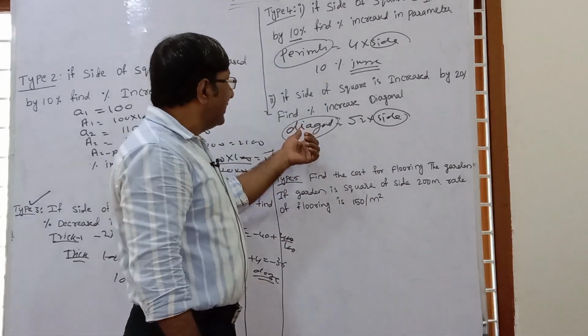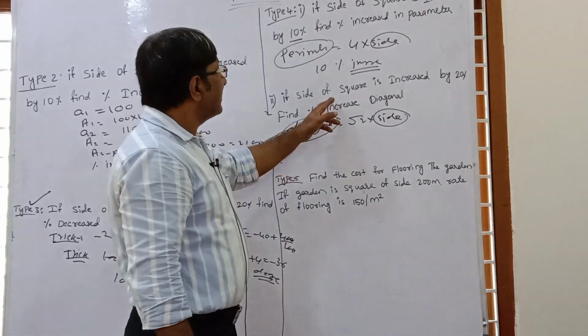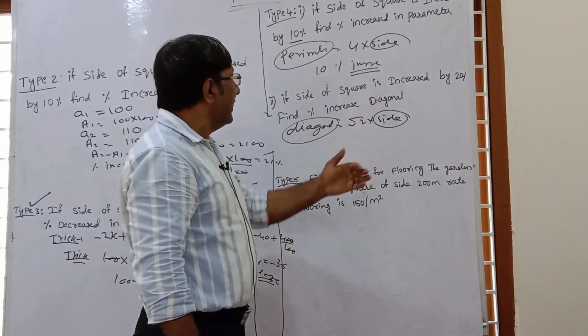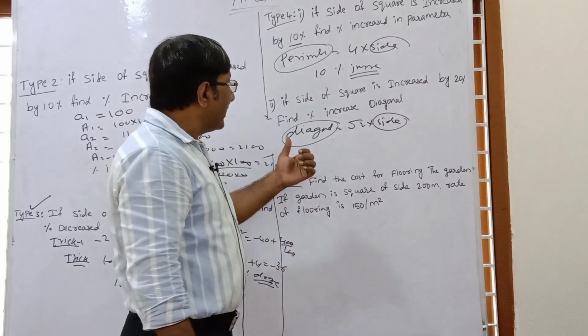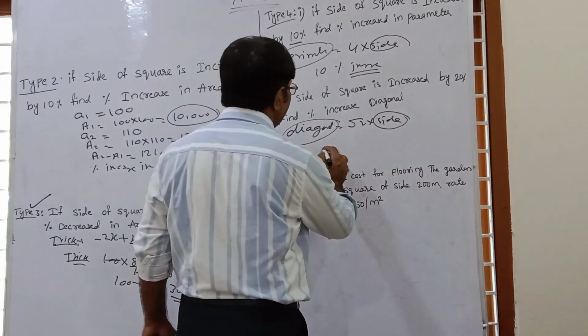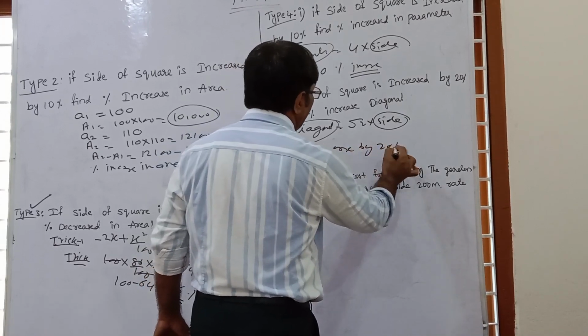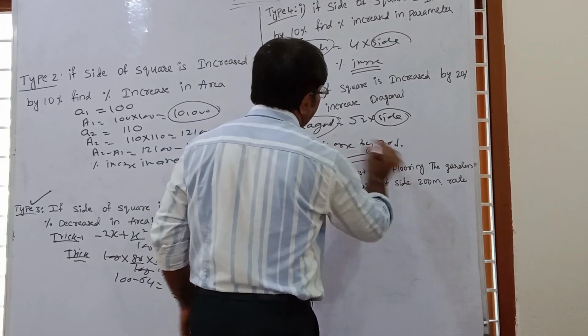If the diagonal increases, the side increases in the same proportion. So here the side of the square increases by 20%, so the diagonal will also increase by 20%. Our answer is the same, increased by 20%. This is the correct answer.